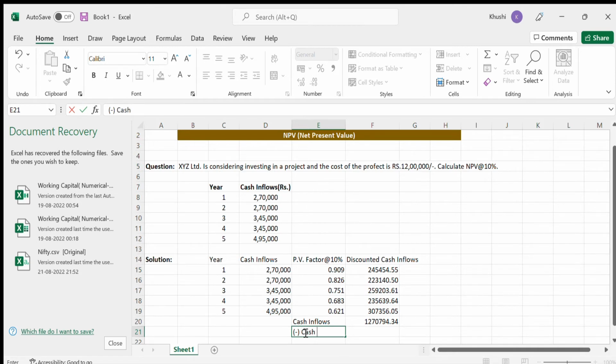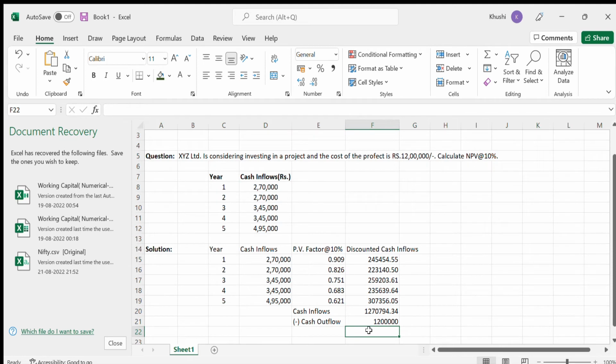That is our cash outflow. We will subtract the cash outflow from the cash inflows, which we have calculated by discounting it. Now we will get the answer of the NPV by subtracting both these. Let's make it bold.